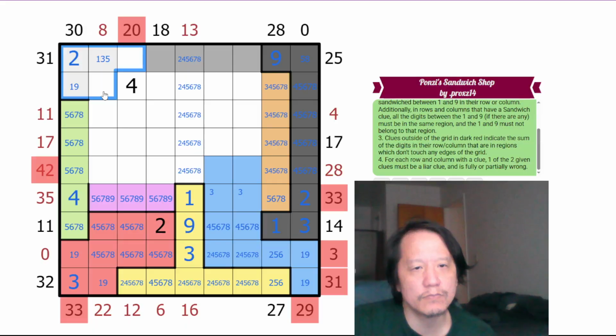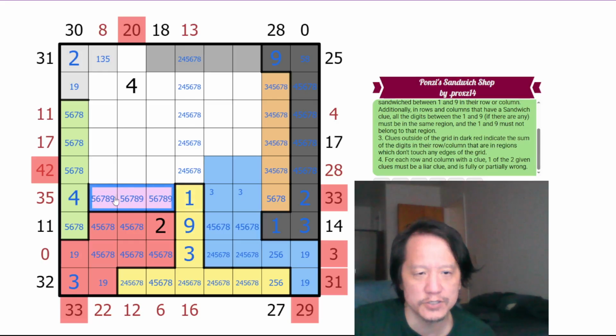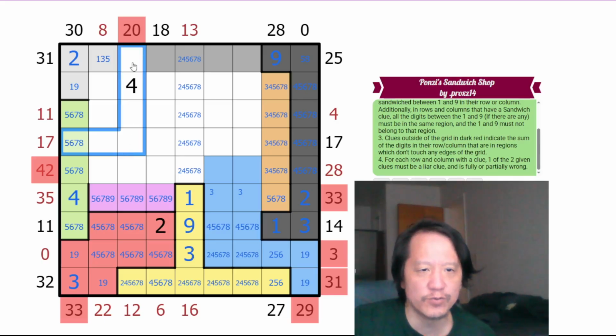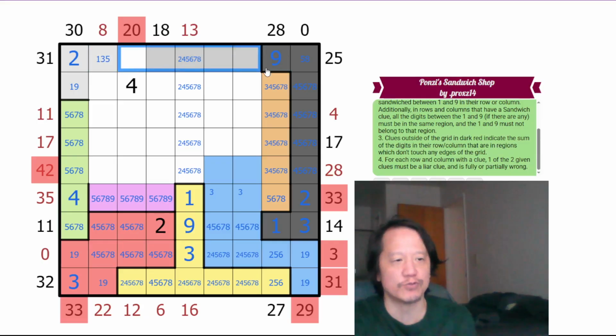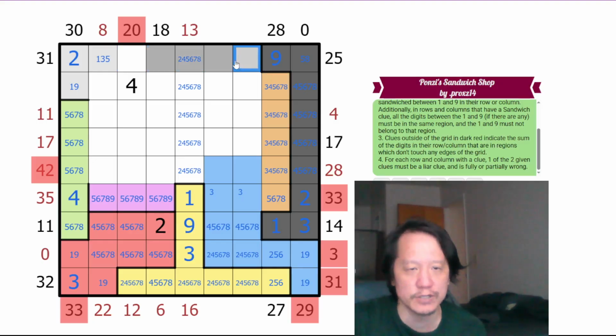So the question is, what region is the 1 that's going to be here, that's seen here? And I think it almost certainly has to be light. It can't be purple, because purple is essentially not touching the edge of the grid. Can't be green, because if green goes there, it's going to block light from ever being a 9-cell region. Can't be medium, because 1 and 9 have to be in different regions than the digits in between them.